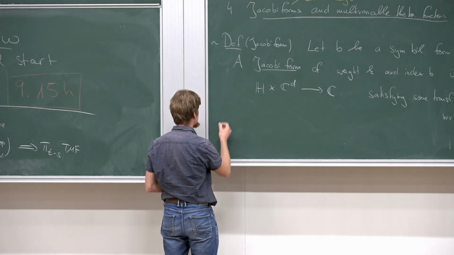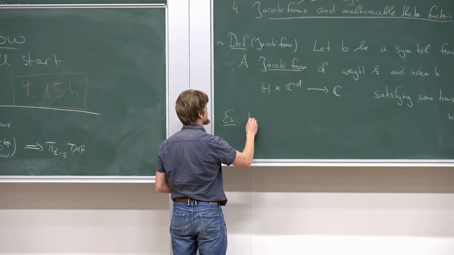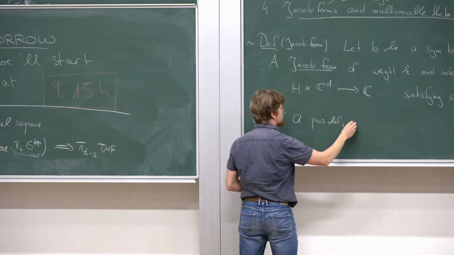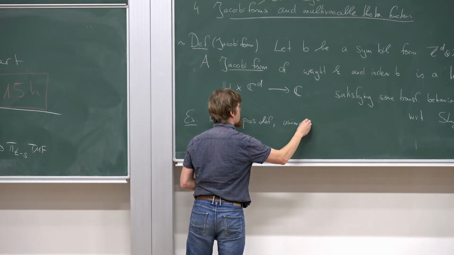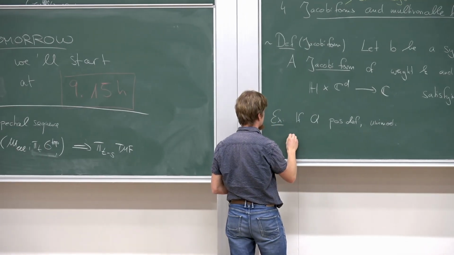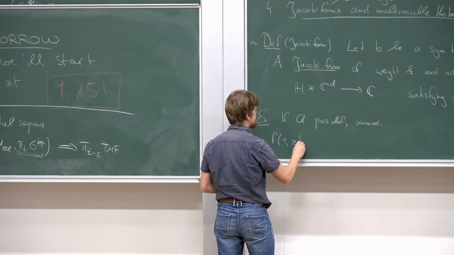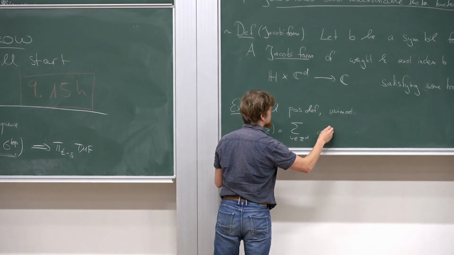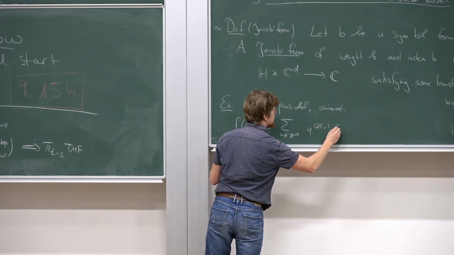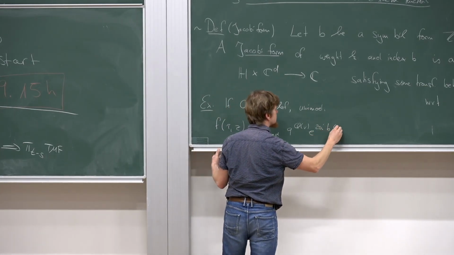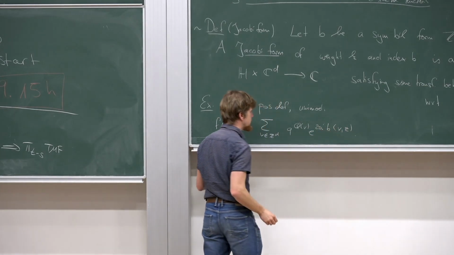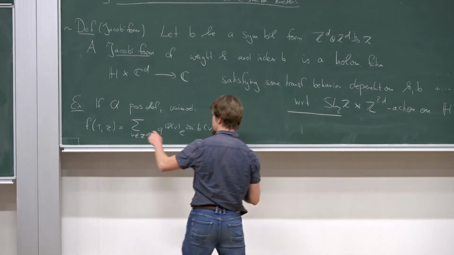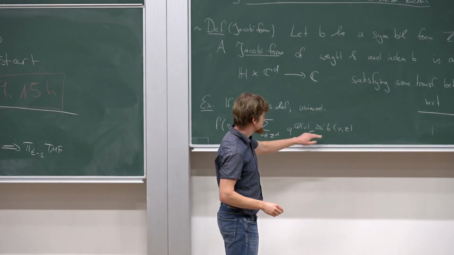And the important example for us is, if Q is positive definite and unimodular, I can write down F of tau, z to be the sum over v in Z to the d of q to the power of the form of v, with e to the 2 pi i B. The details are not so important, but one thing which might be important is that I can recover the classical theta function if I just set z equals 0.